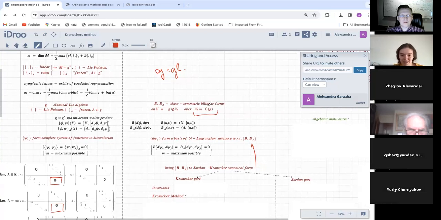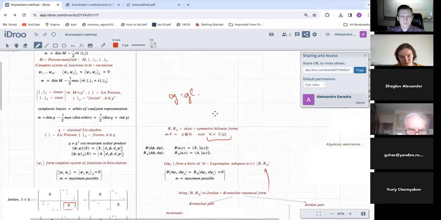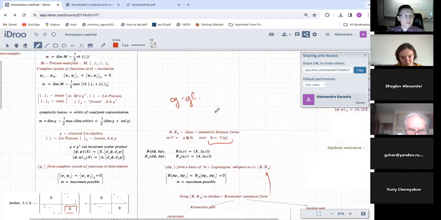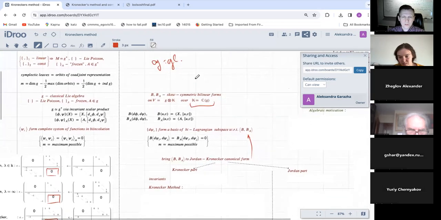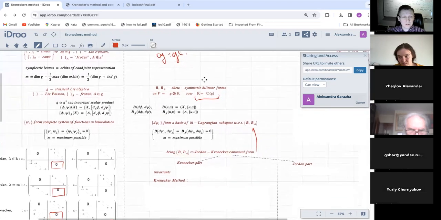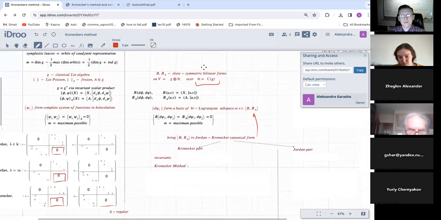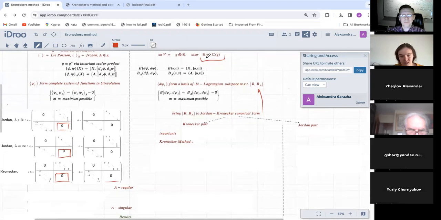I've never seen anyone take another field except C, but I'm pretty sure that if we take another closed field, it will work. But do you say that the Jordan-Kronecker form is a correct method over such a field?